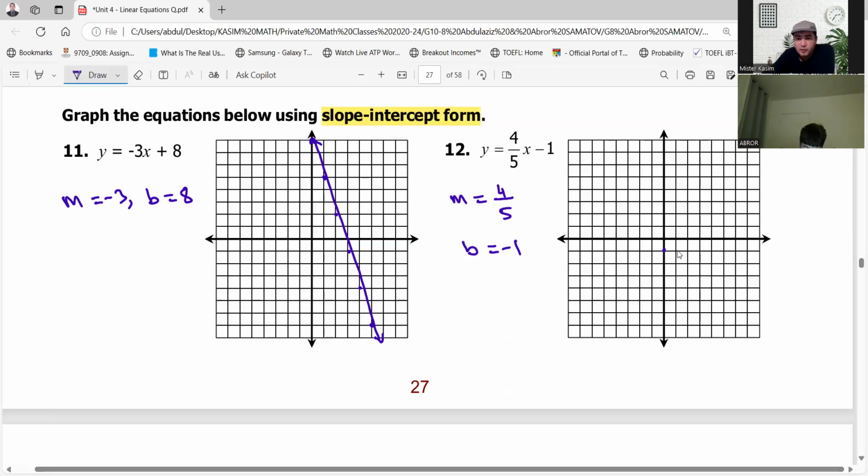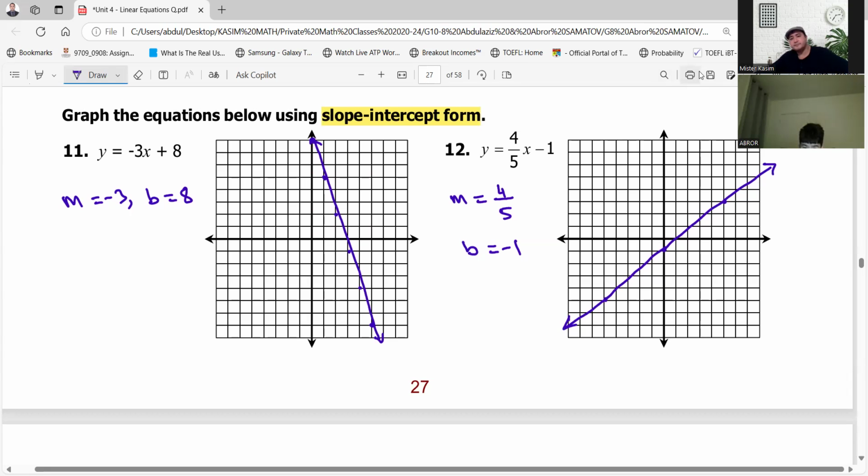Run 5, 1, 2, 3, 4, 5, up 1, 2, 3, 4, it is here, right? And the same way in the opposite direction: run 5 to the left, and down 4. The second point is here. Now, if we had a ruler, I could just connect these points, and it would be a straight line. So that is the graph of this equation.